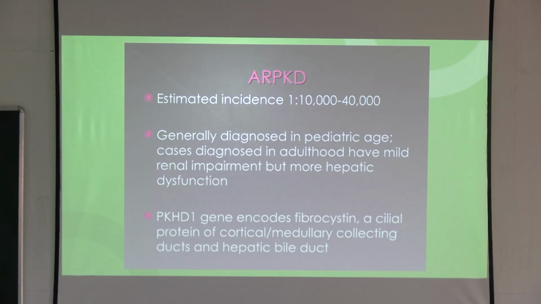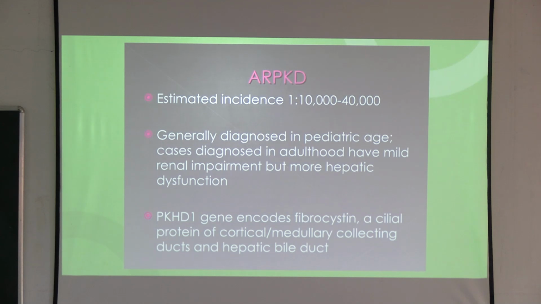So fibrocystin is a cilial protein. Cilia means movement of secretion, okay, the movement of cell. So these are diagnosed in pediatric age group, and the problems with liver are more than problem of kidney.